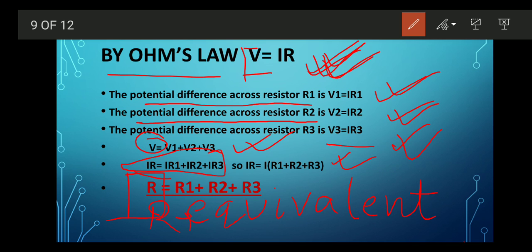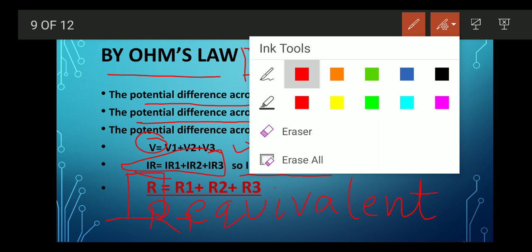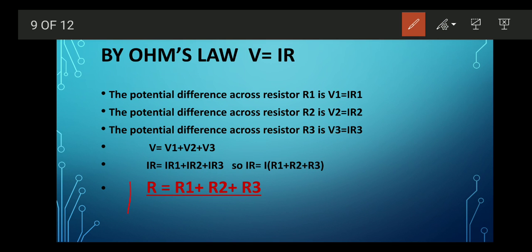Now in this place you can see, since the same current is flowing through the three resistors, this I will get cancelled, and what we will get, children? We will get R equal to R1 plus R2 plus R3, where capital R represents the equivalent resistance.